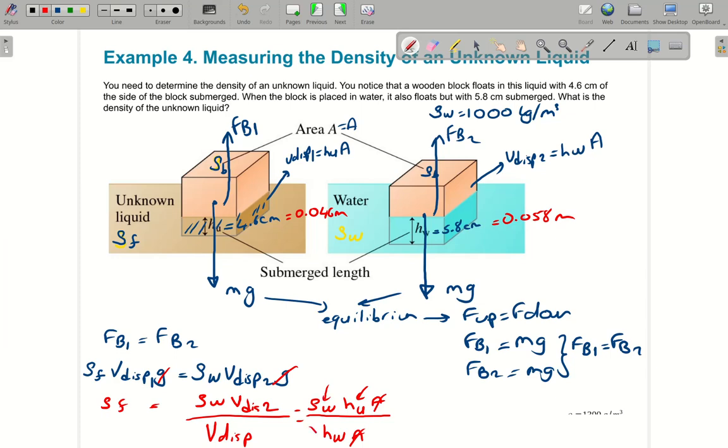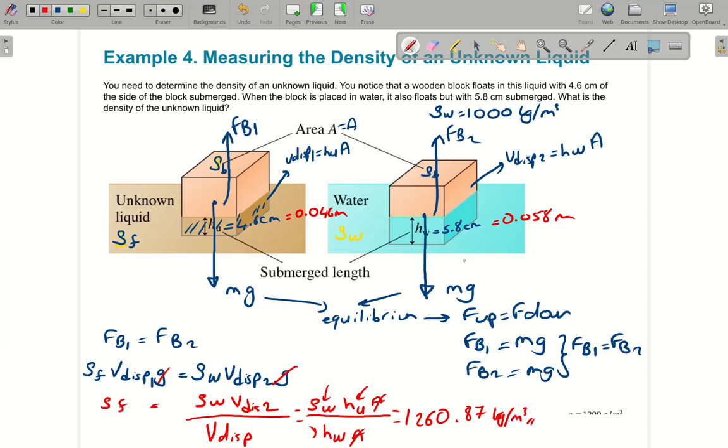Input all these values, and we will get rho fluid, which is 1260.87 kilograms per meter cubed.